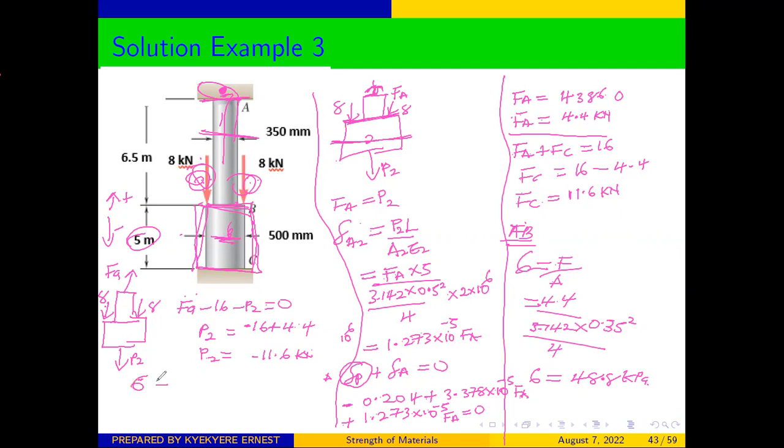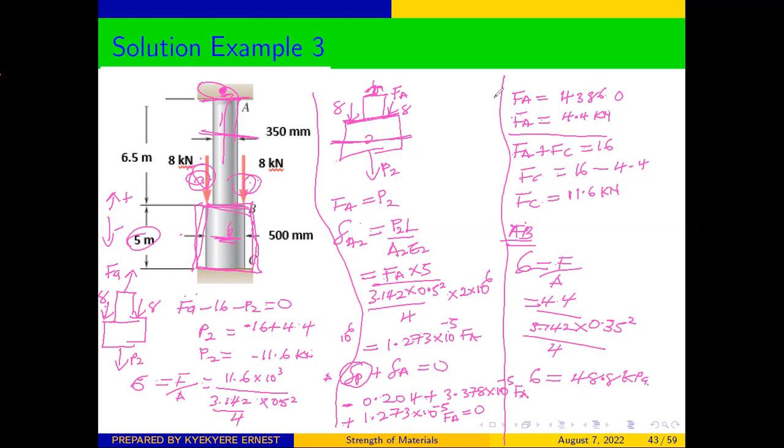And once you have gotten the force from B to C, we can calculate the stress. So the normal stress will be equal to the force over the area. And our force is 11.6 times 10 to the power 3. You can decide to ignore or to bring, but you know the unit. And the other one is going to be 3.142, which is the area, 3.142 times 0.5 squared, all over 4.